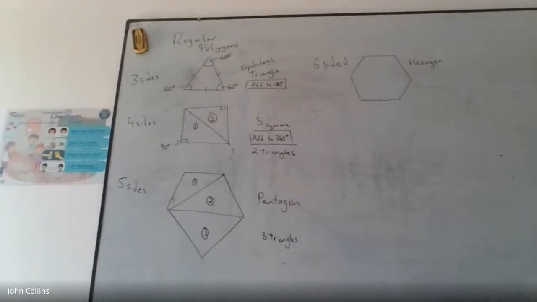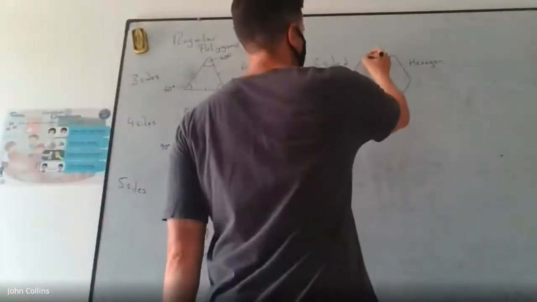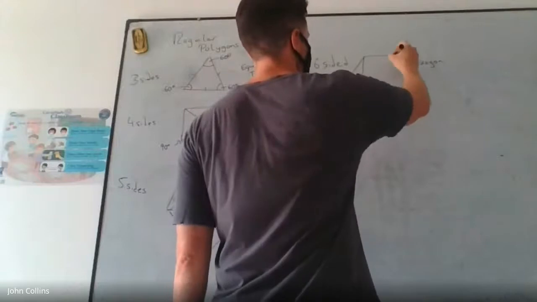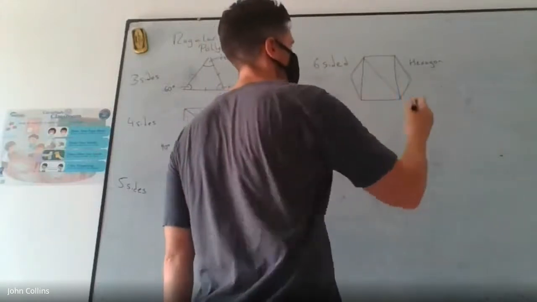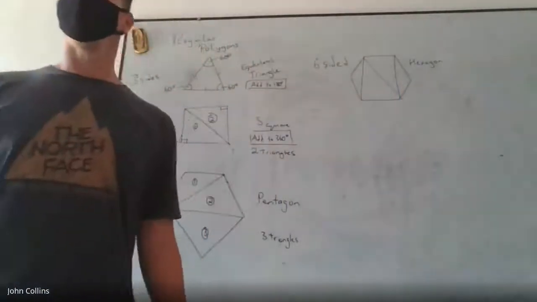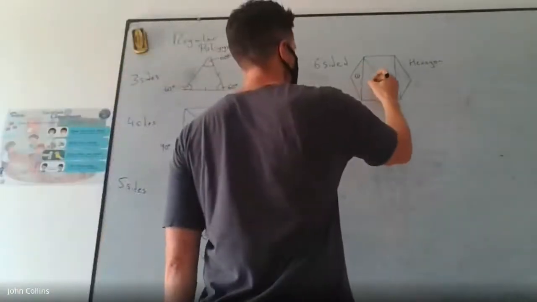You kind of make a square in the middle. As soon as you make a square, there's 2 triangles here, and then you can always split the square in 2 to make 4. So there's 4 triangles here.